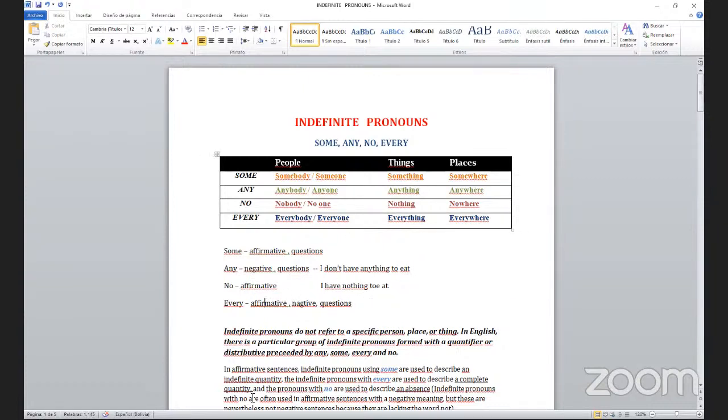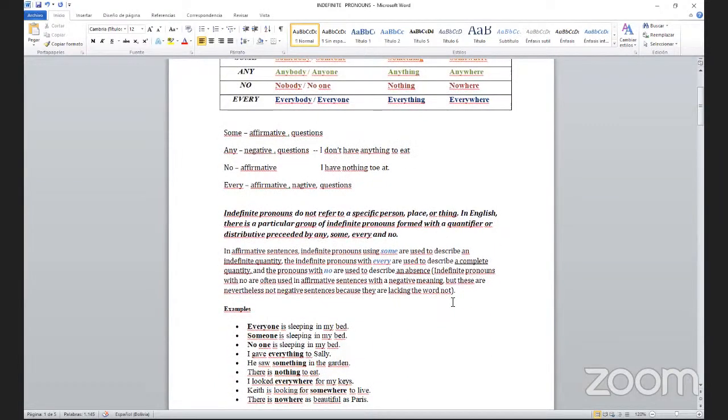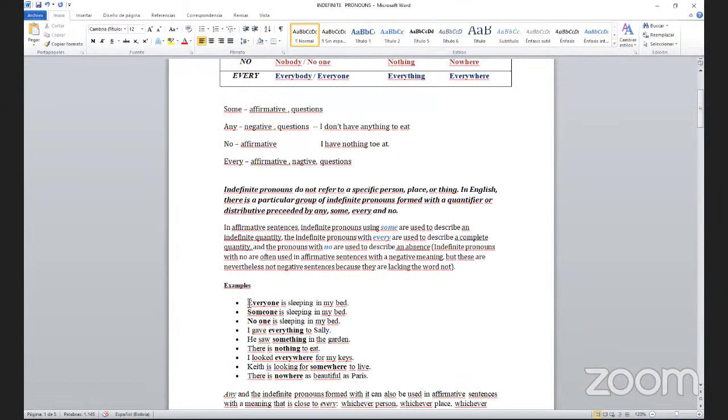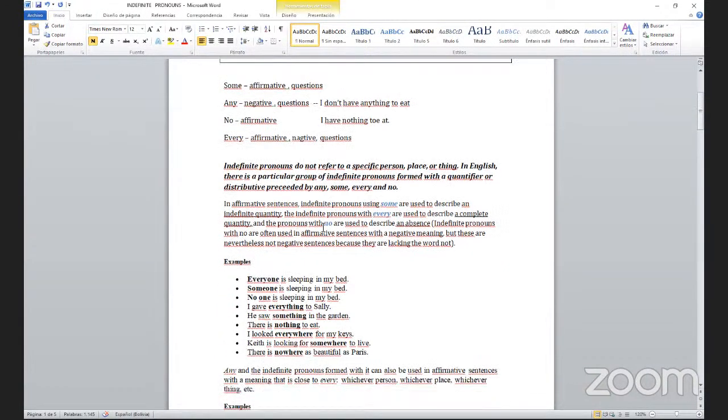And this document I will send you because we have here a lot of examples for making different kinds of sentences. One special case here is when we use every with people, for example, everyone, everybody. Also some, any, or nobody, these for people are not gonna be plural.